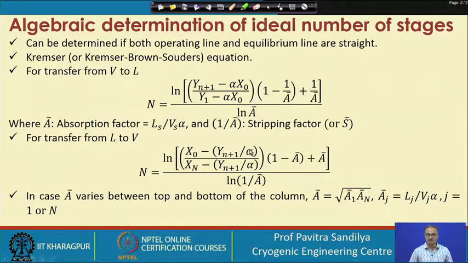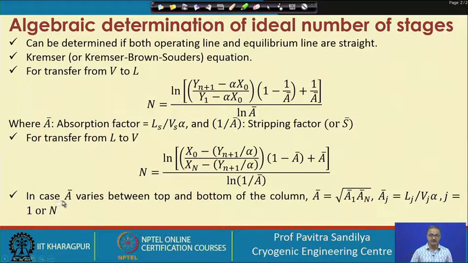In these two equations, we have another parameter, A-bar, which is the absorption factor, defined as Ls by alpha Vs. The reciprocal of the absorption factor, 1 by A-bar, is called the stripping factor, sometimes denoted by S-bar. So, in terms of the absorption factor and stripping factor, we are able to express the number of ideal stages algebraically.